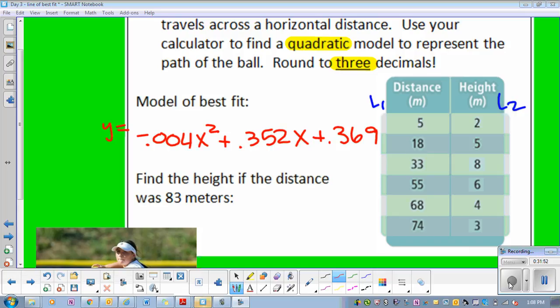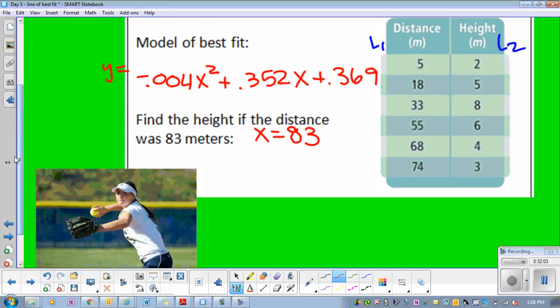Good. So find the height, which is y, if the distance is 83 meters. So x equals 83 meters. You should have 2.029 meters. Yes?